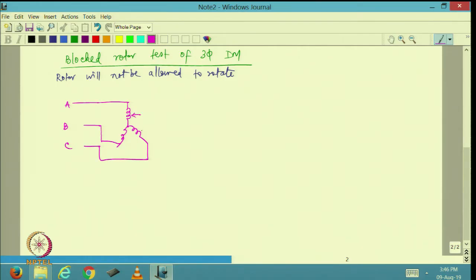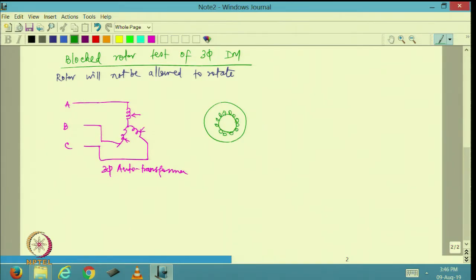From each of the phases through the variac, so this is the auto transformer, I am going to connect it to the 3-phase induction motor. Let us say this is my 3-phase induction motor. Let me show it like this, a circle, and then show the rotor here. Let me assume it is a squirrel cage induction motor.